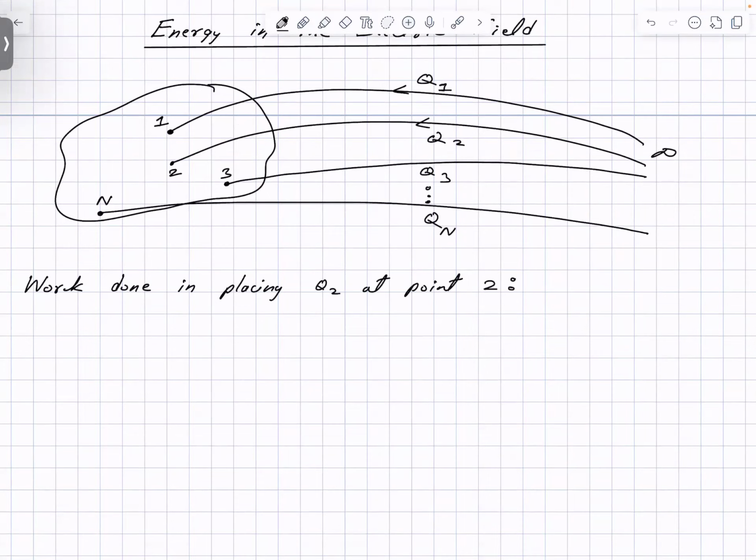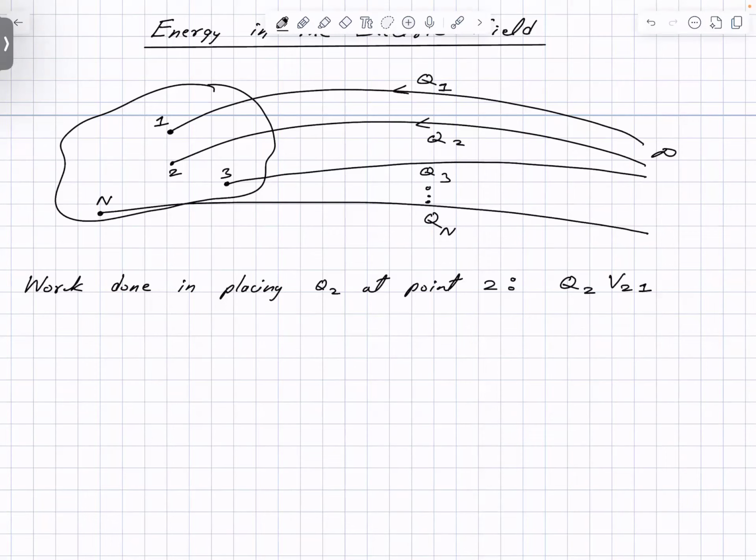You just need to understand how we get the final result. To bring Q2 at point 2, what will be the work done? We know that the work done will be equal to Q2, the charge that we are bringing from infinity, times the potential at point 2 due to the charge 1.